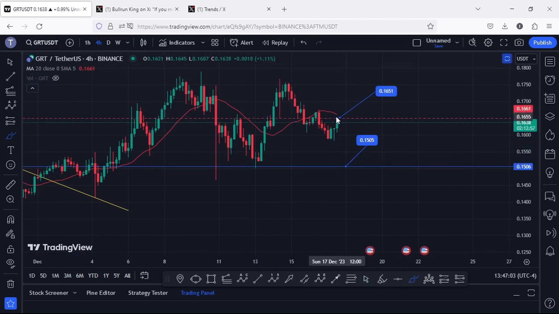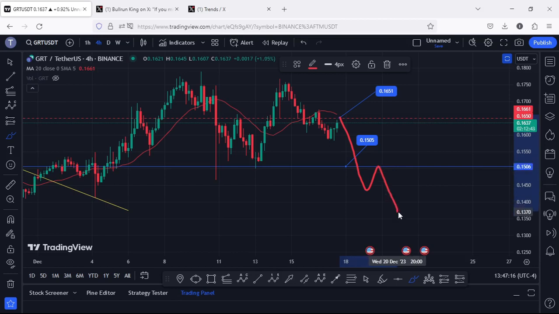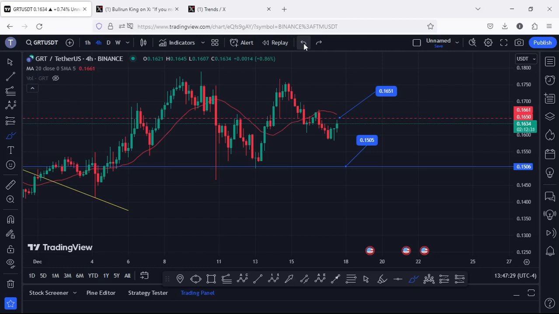But if by any chance we see a pullback losing the $0.15 mark, that will be suggesting lower prices, which can easily give us a retest of the lows that we made at the $0.13 mark. Those are the alternative scenarios that we need to have in mind in case we don't see a break above resistances. And that is the price action that I'm watching out for on the GRT chart for the next coming hours.